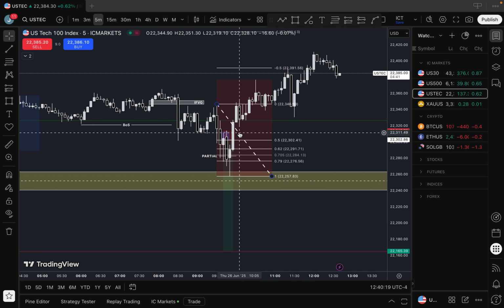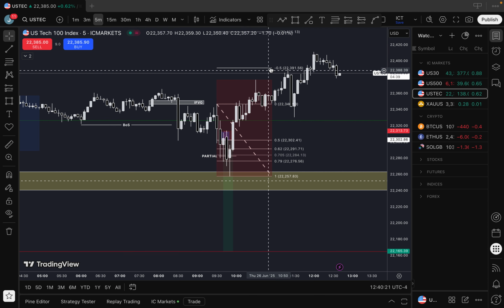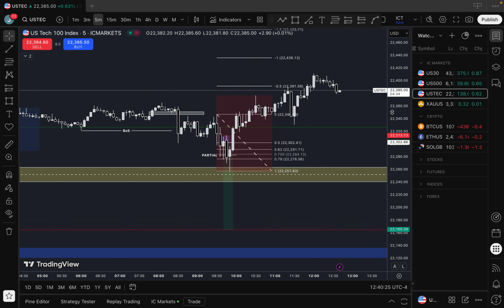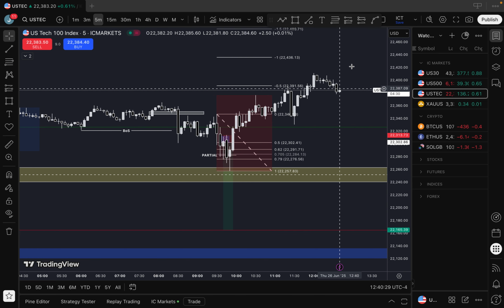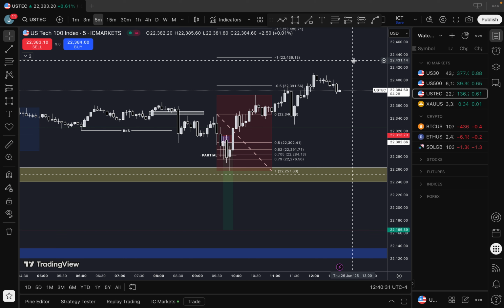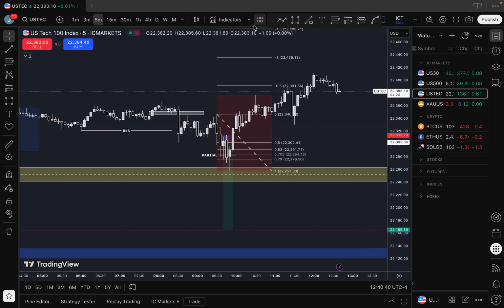You can take the entry in the fair value gap retracement, target 0.5 standard deviations of that range, or 1 standard deviation, but we haven't quite reached that. I wouldn't be surprised if it comes up to that in the PM session. That's the one I'm looking for. And then the reason I would use that is because of the fact we're at all-time highs. We've got no basis of how much higher it needs to go.